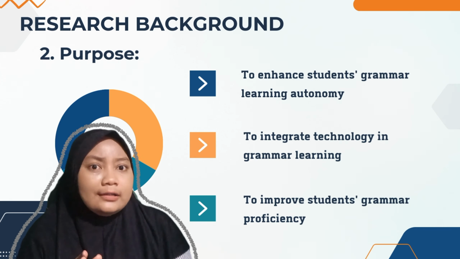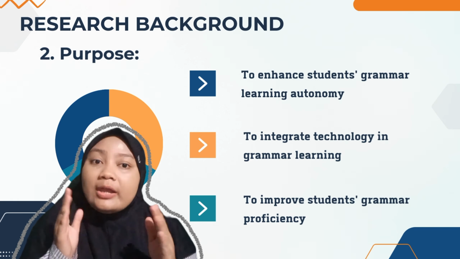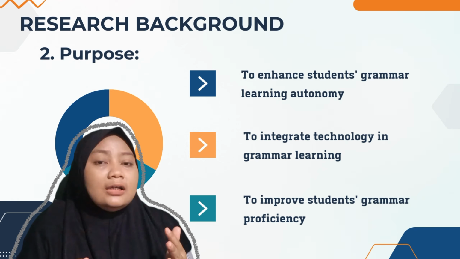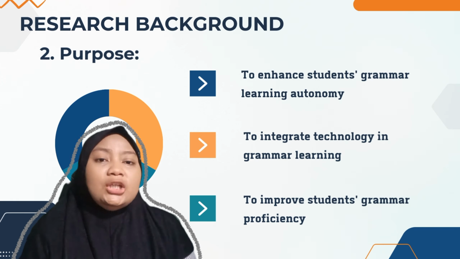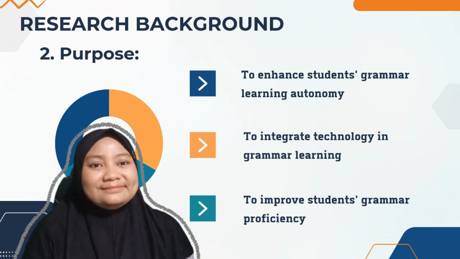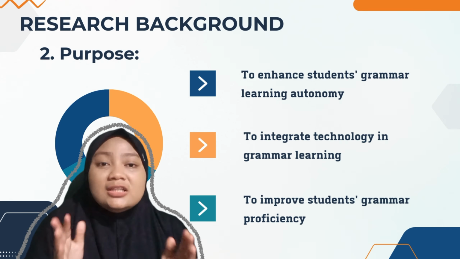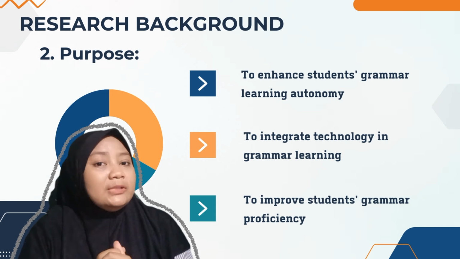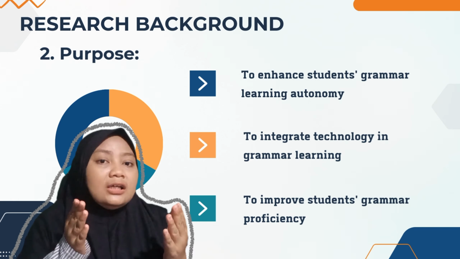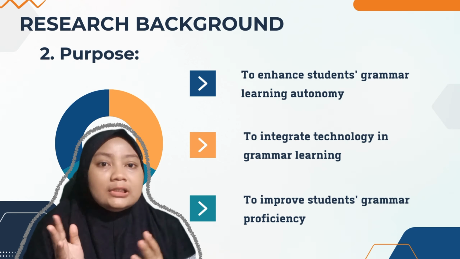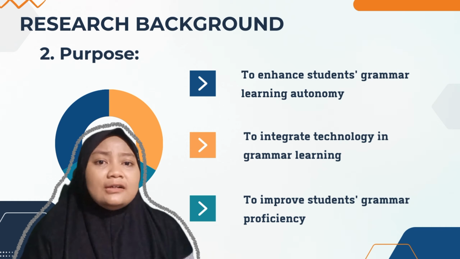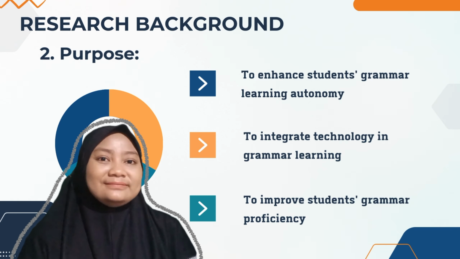Utilizing digital tools like the Busuu application can make grammar practice more interactive and engaging, aligning with contemporary educational practices. Last is to improve students' grammar proficiency. The ultimate goal is to help students achieve better grammatical understanding and application, which is vital for their overall success in language learning.